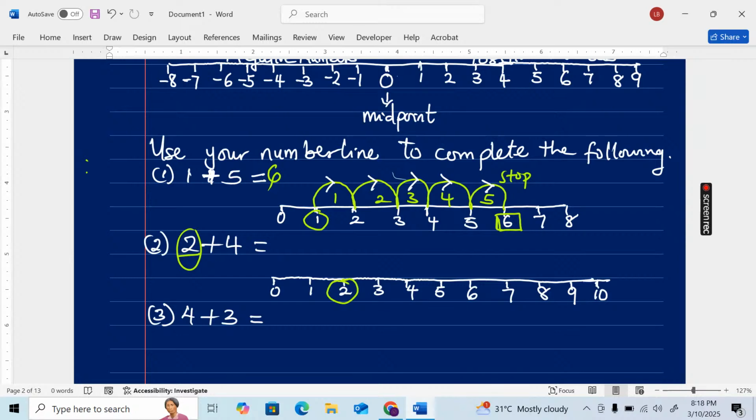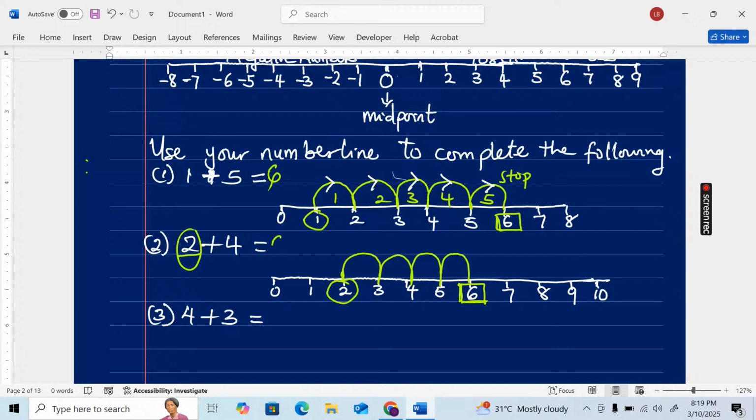Now from 2, you place your pen on the number 2, draw a curve and count 4 times to the right with your curves. 1, 2, 3, and 4. I stopped at number 6, so I just need to draw a rectangle around 6.